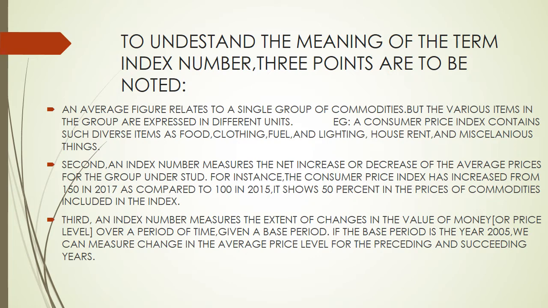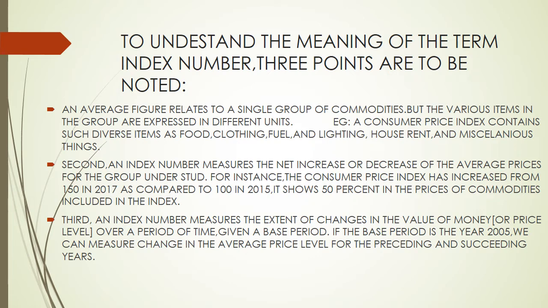The third one is that an index number measures the extent of changes in the value of money or price level over a period of time given a base period. If the base period is the year 2005, we can measure the change in the average price level of the preceding and succeeding years.